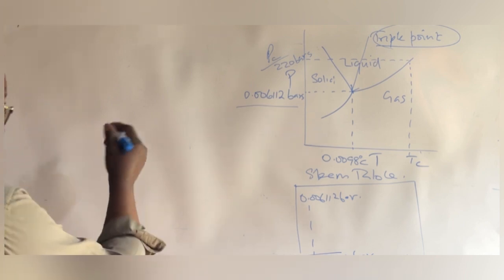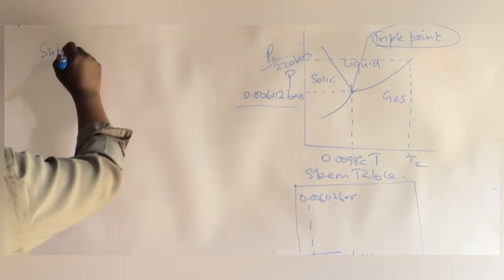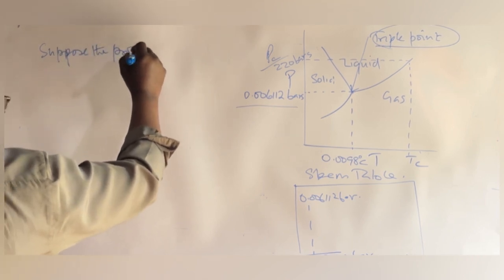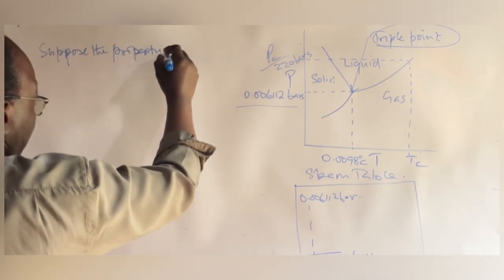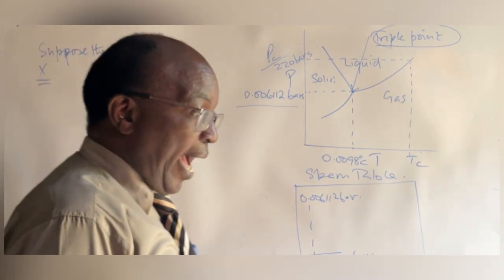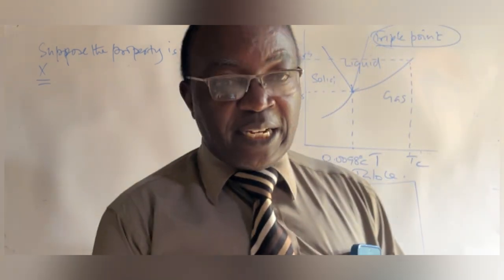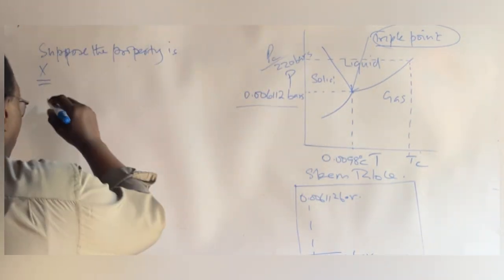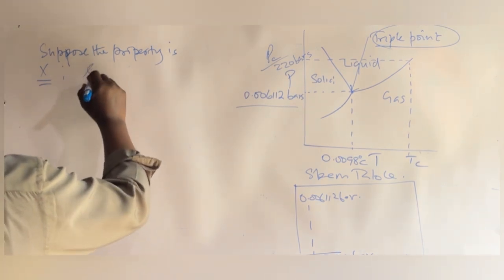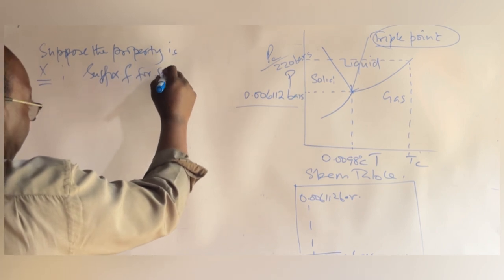So suppose the property is X. And we also say that if it is for the saturated liquid, we use the suffix F. Suffix F for saturated liquid.